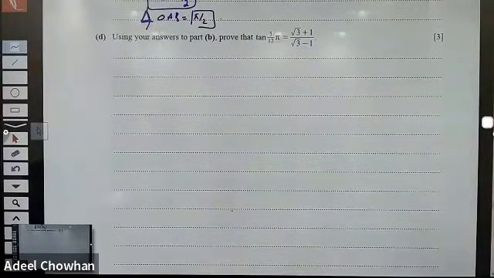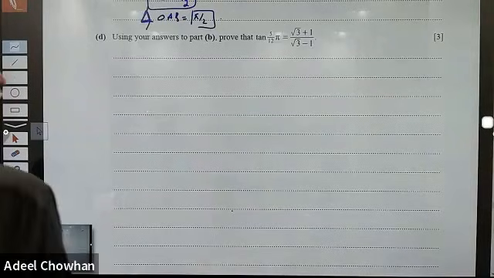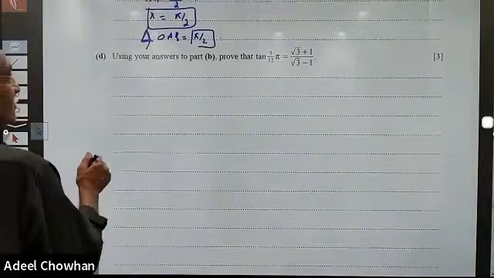Using your answer to part B, prove that tangent inverse of 5 over 12 pi is equal to root 3 plus 1 over root 3 minus 1.